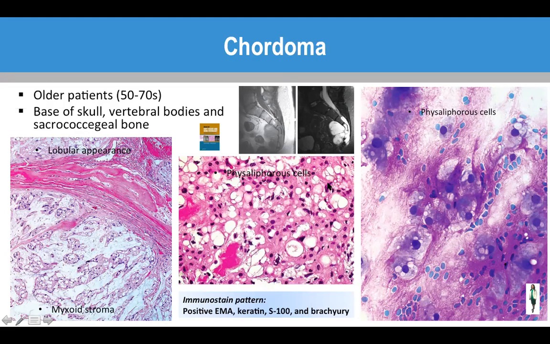So it's described as physaliferous cells. And this is a cytology showing those very strikingly bubbly cytoplasm physaliferous cells. So the tumor cells have the characteristic immunostain pattern, positive for EMA, keratin, S100, and brachyury.